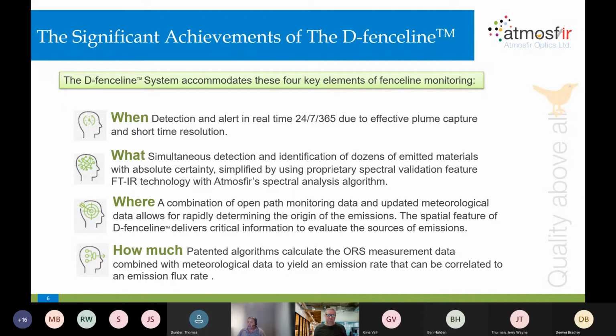We understand that knowing you have a problem is sometimes an even greater problem, so we want to tell you where the source of the emission is so you can go and fix it. And we all know that concentration is not always related to how much we emit, because wind also plays a factor. So we can give you, based on an official method, the flux of the emission.